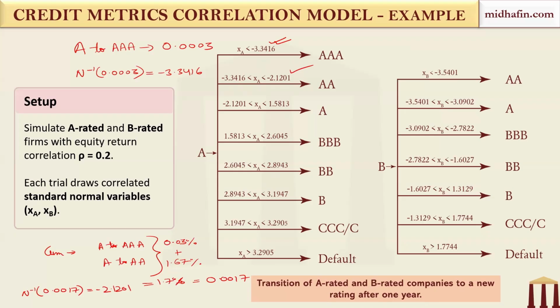And that is why if XA is less than negative 3.3416, then it goes directly to AAA. But if XA is between these two values, negative 3.3416 and negative 2.1201, which means between these two cumulative probabilities, you have a region occupying 1.67% of space.